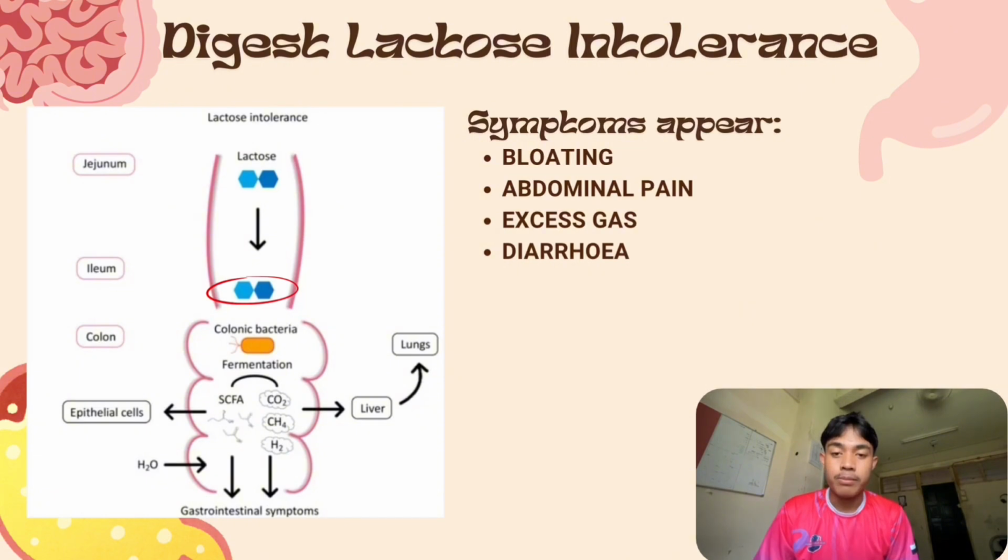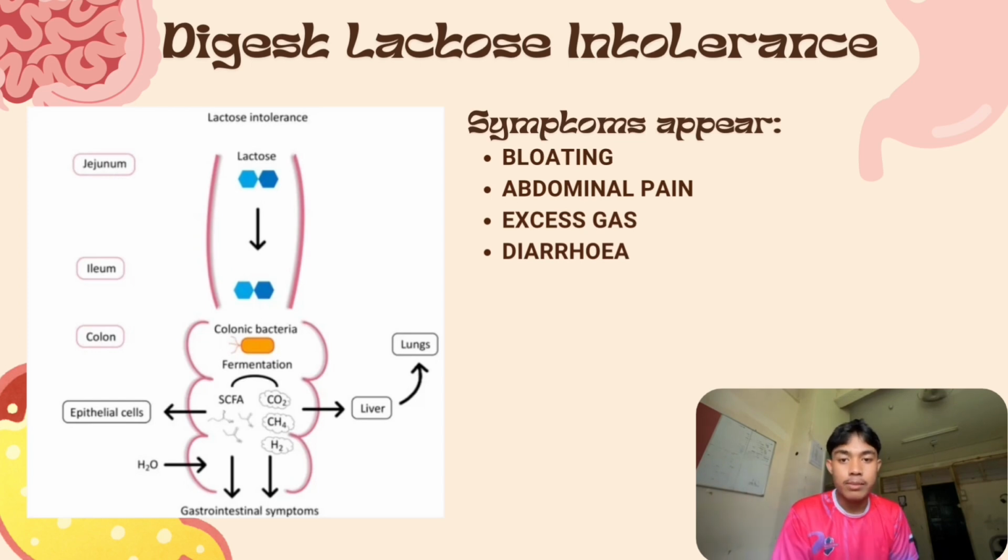Second, I'm going to explain lactose not digested. Normally, lactose is broken into glucose and galactose so our body can absorb it. But without enough lactase, it stays undigested. Third, lactose enters the large intestine. This undigested lactose then moves into the large intestine, where digestion is not supposed to happen.